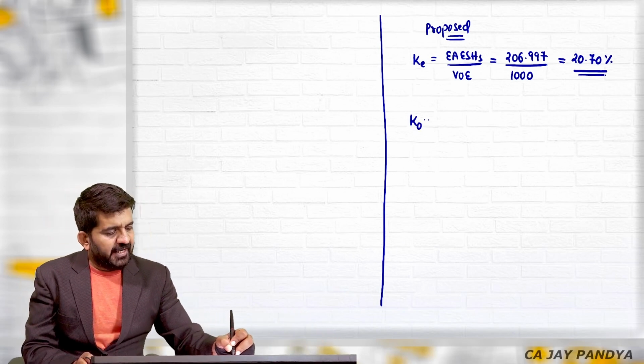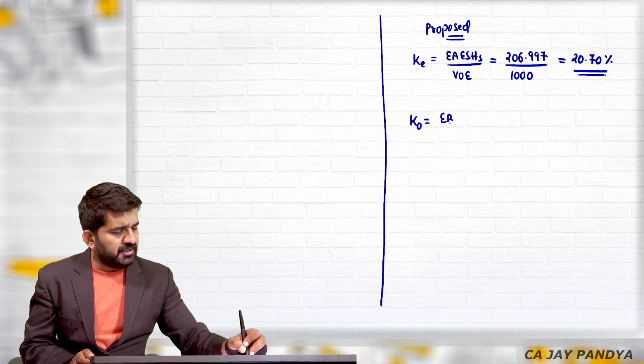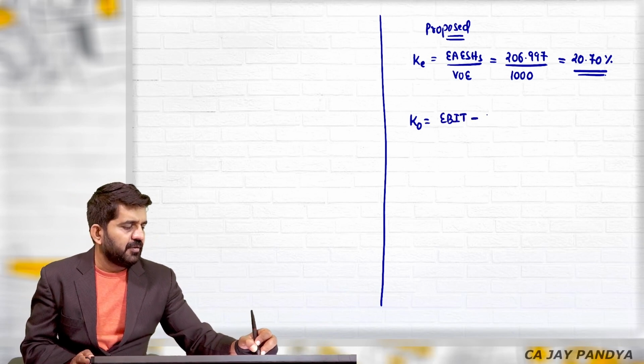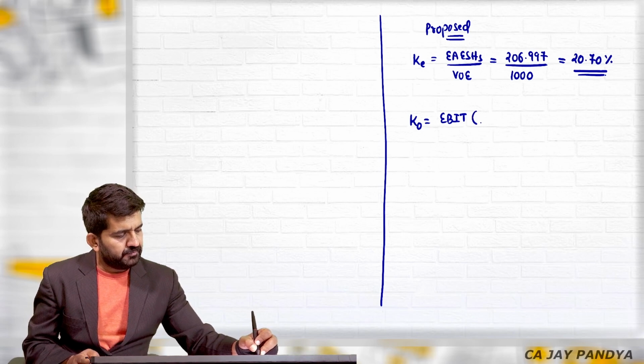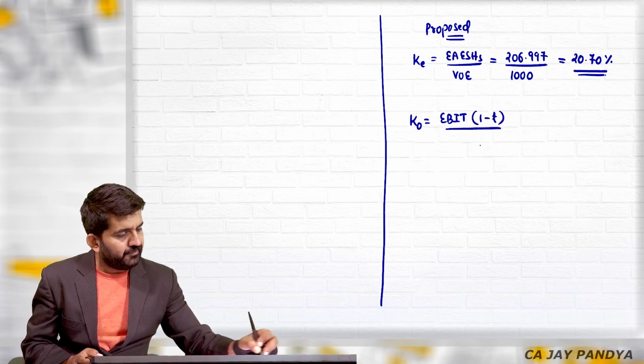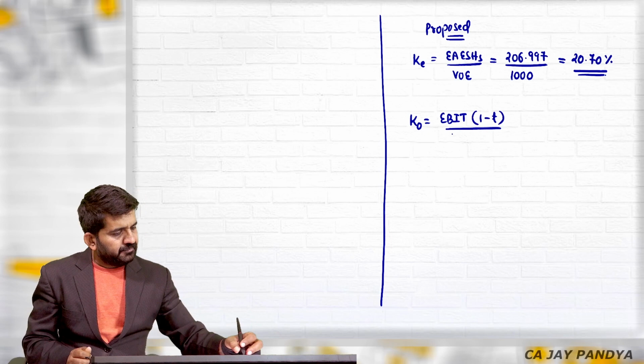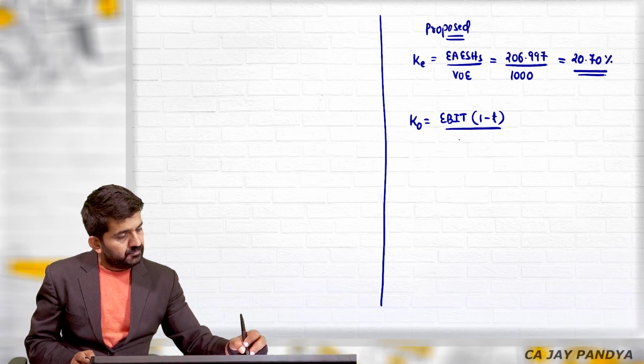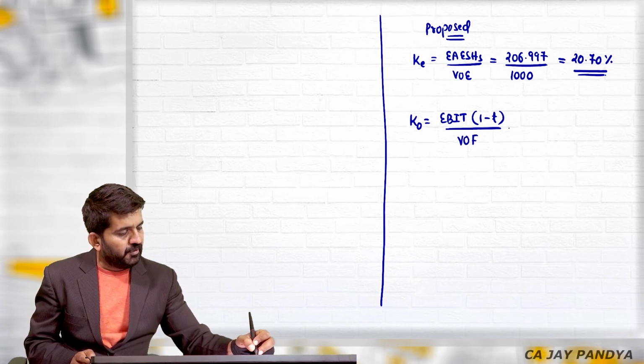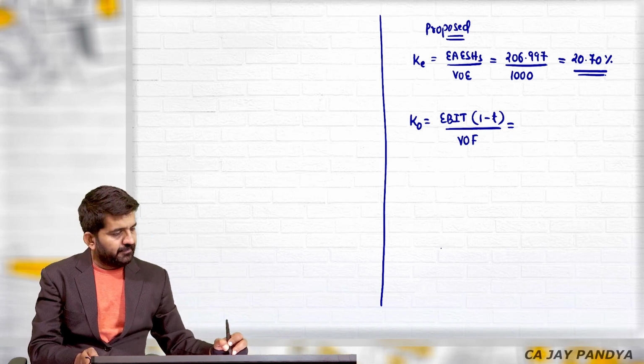How to find out KO? Whenever there is taxation, it is EBIT into 1 minus T upon the value of a firm. I'll be getting the answer.